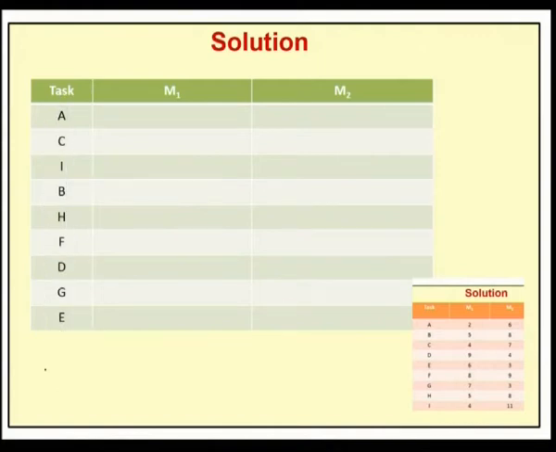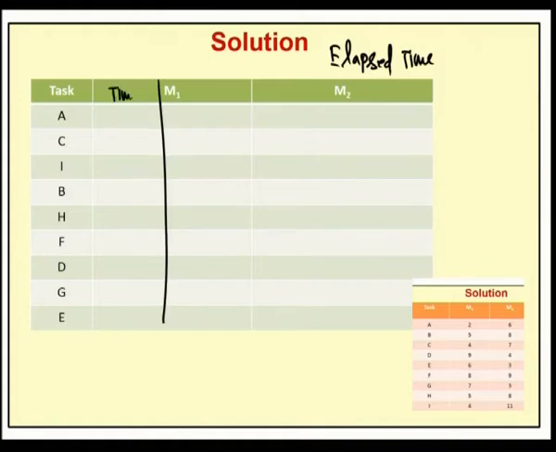For this optimal sequence, now we have to calculate the total minimum elapsed time for each machine 1 and 2. So for machine 1, I will calculate the time in and time out. Similarly for machine 2, time in and time out. With this we can calculate elapsed time.